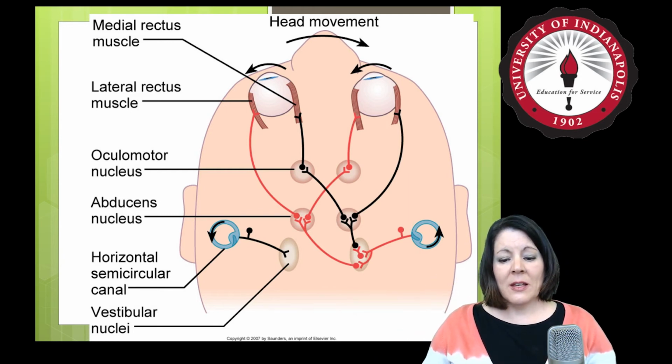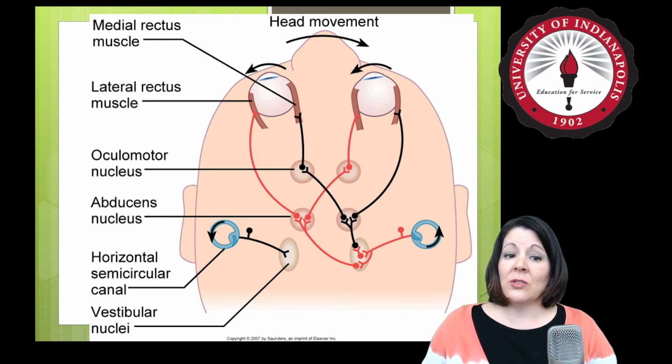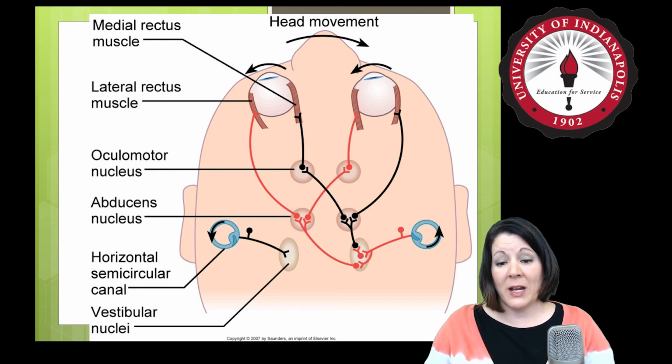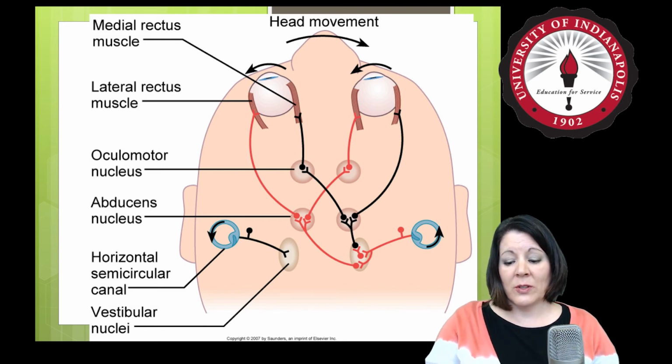So what happens then is we have excitatory messages going to the lateral rectus muscle of the left eye and the lateral rectus or the medial rectus muscle of the right eye, and inhibitory messages going to the medial rectus muscle of the left eye and the lateral rectus muscle of the right eye. The net result is that the eyes turn left while the head is turning right in order to keep our eyes on the target while our head is turning. And that is how the vestibuloocular reflex works.